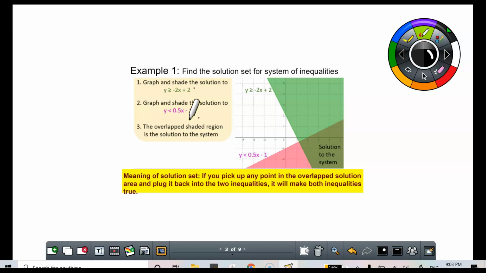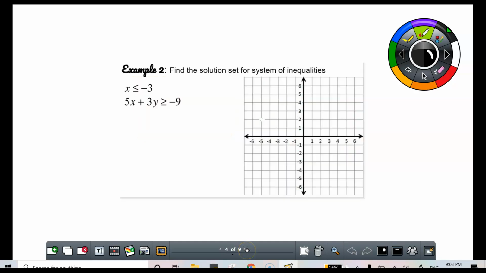Okay, now let's look at the second example. So here we have two inequalities, and this time the two equations look a little bit different. So how are we going to deal with it? Okay? So for the first one, you only have x, and it's x equals a number. Okay? So how do we do it?